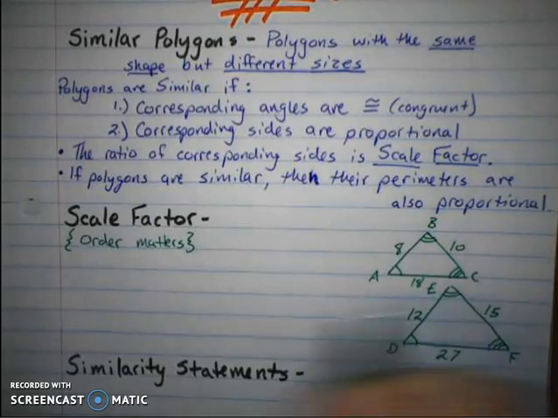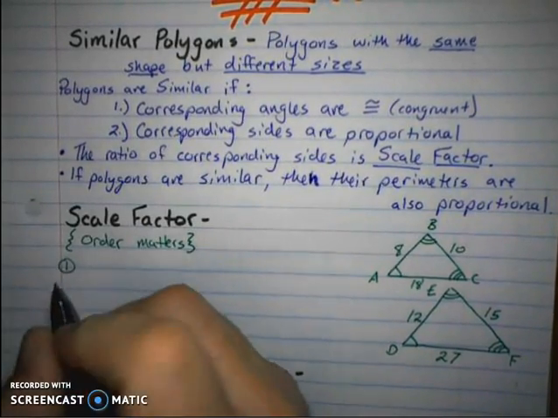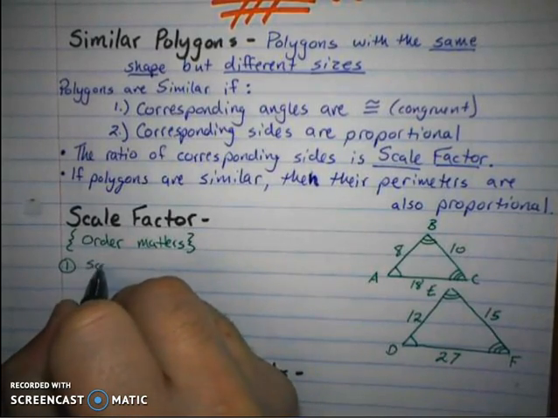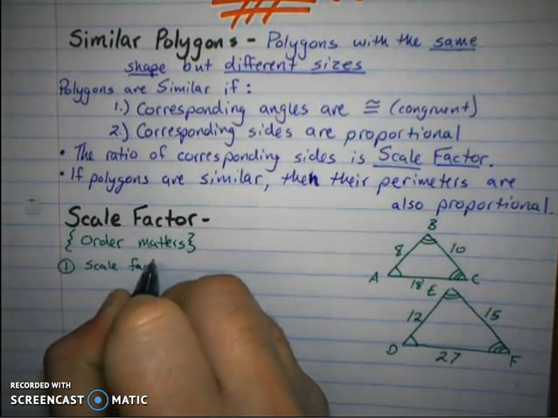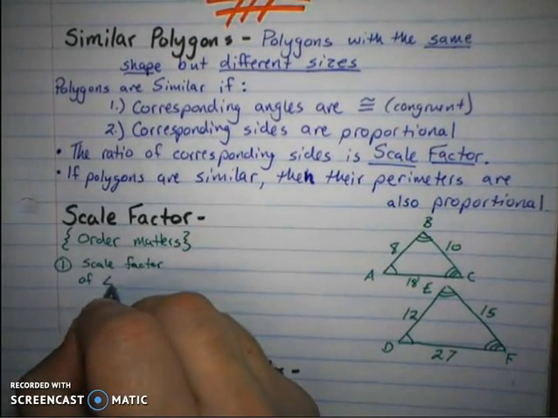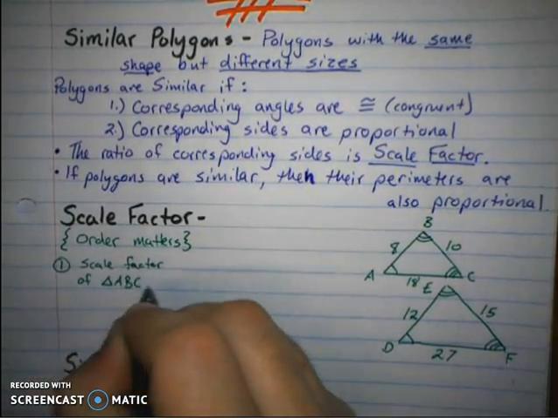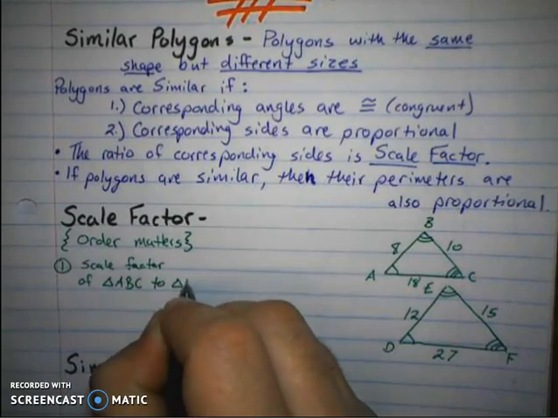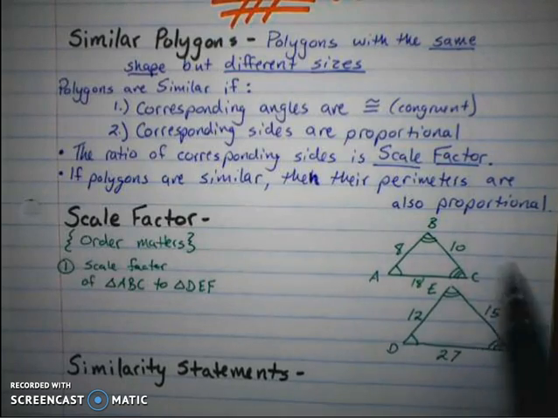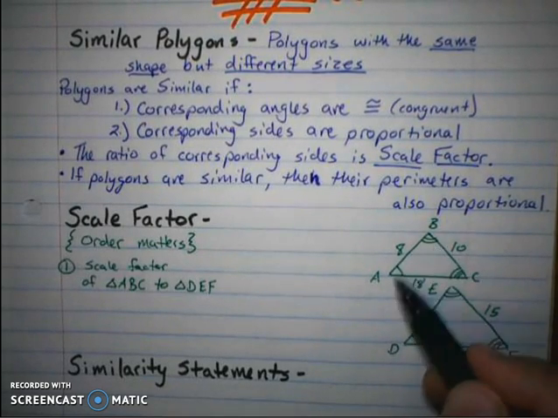And so, first, we can talk about the scale factor of triangle ABC to triangle DEF. So we want to compare those sides. And so I'm just going to pick out some corresponding sides.